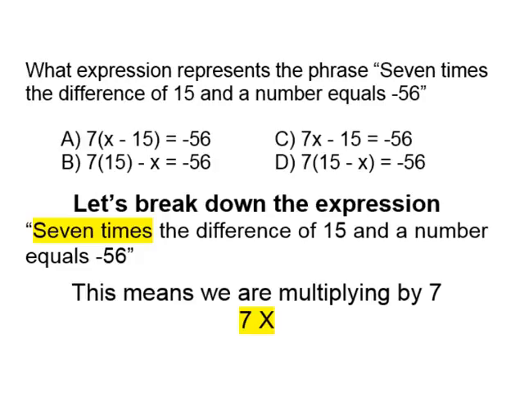One thing that I forgot to do that I want to go back and do is look at those answer choices. Okay, we have 7 in parentheses, x minus 15 is equal to negative 56.